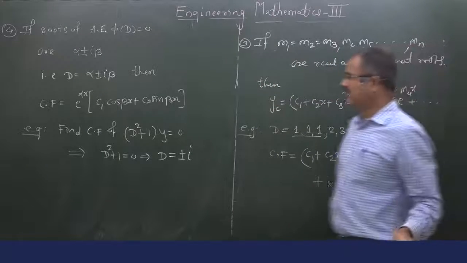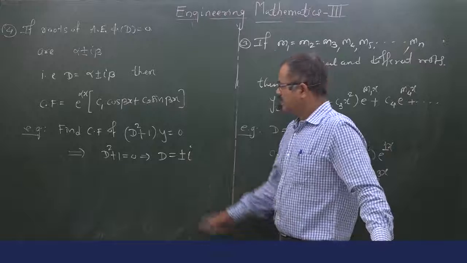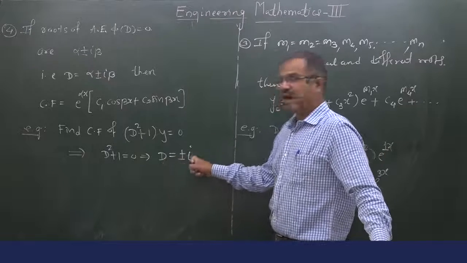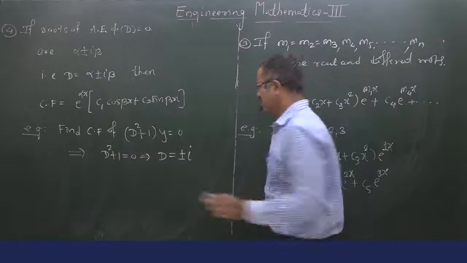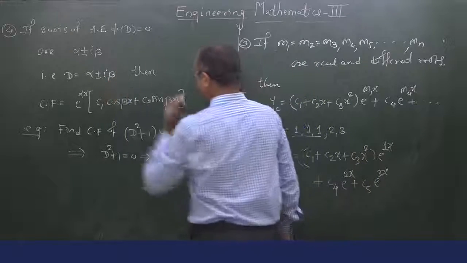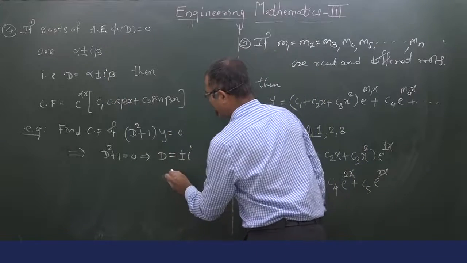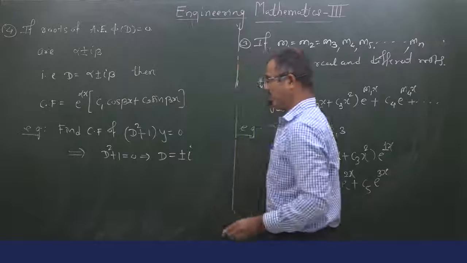Complex roots always appear in the form of a pair. Here the real part is equal to 0 and the imaginary part is equal to 1. So if you compare this with alpha plus i beta, here alpha is equal to 0 and beta is equal to 1.